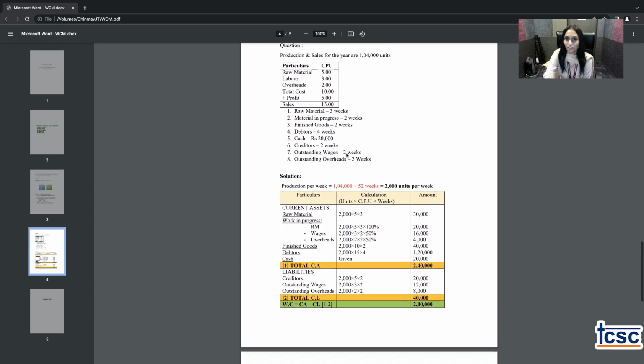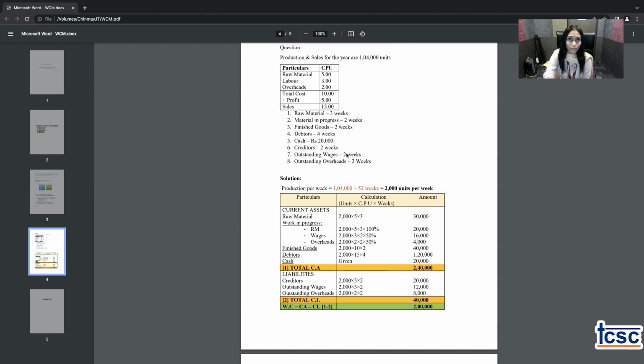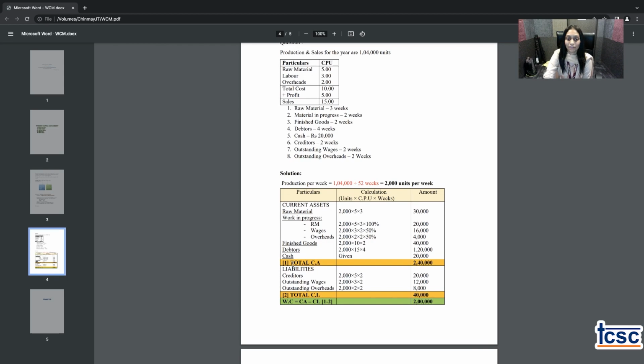So students, the formula I hope you remember. Yes, it's current assets minus current liabilities. So what do we have to do? Firstly, we will write all the current assets. We will do the total of current assets, and finally we will write the current liabilities. The formula is very simple. It's current assets minus your current liabilities.